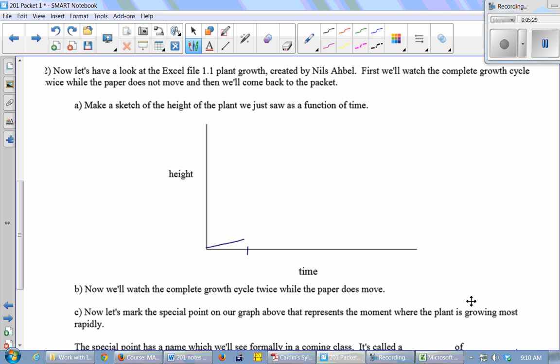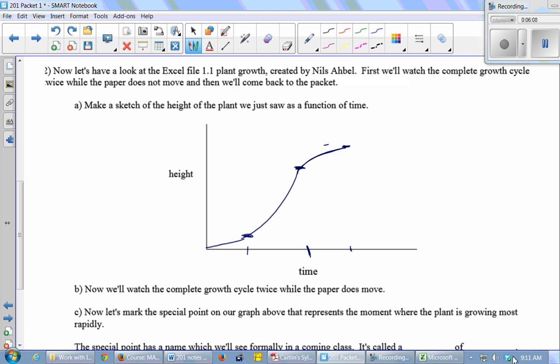Here it starts to get fast over a good chunk of time, a big increase in height over that interval. Then over the last little bit of time, it has a smaller increase in height. From here to here, that vertical distance is not very big, but from here to here, that was a big vertical jump over the time interval. So it has an S shape: slow, fast, slow.